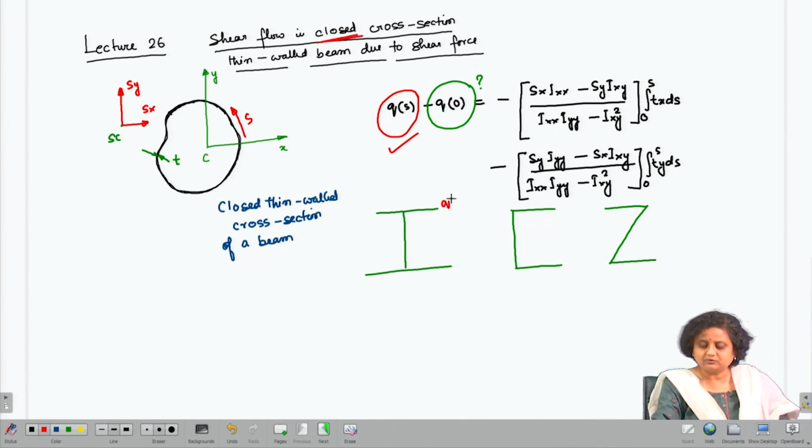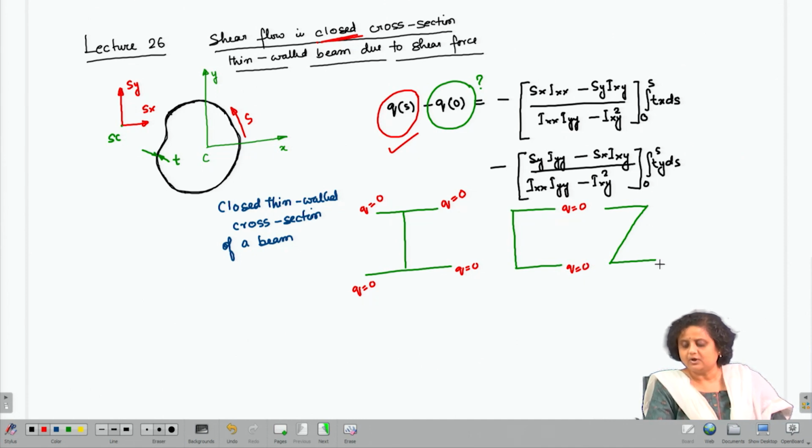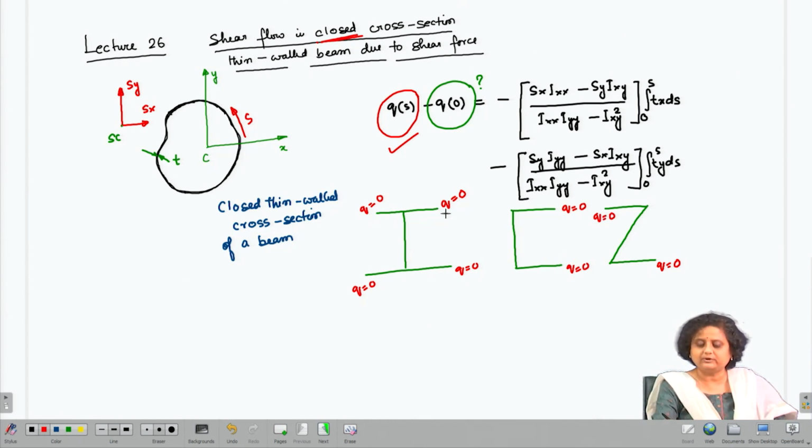All these points had 0 shear flow, because these were on the free surfaces of the beam and the shear flow was equal to 0. So, we could start from any of these points, and for this point we could have taken q0 to be 0 and we solved the problem rather easily.